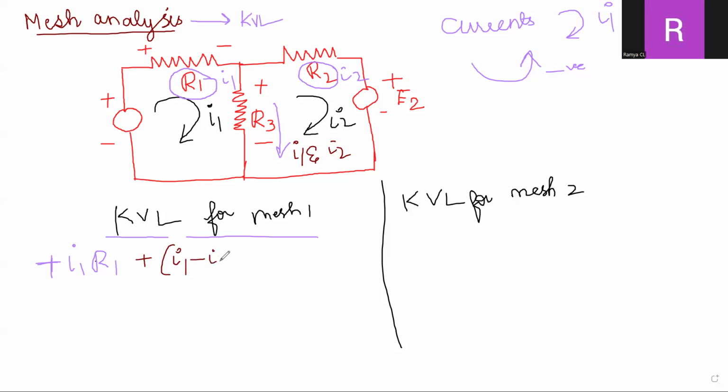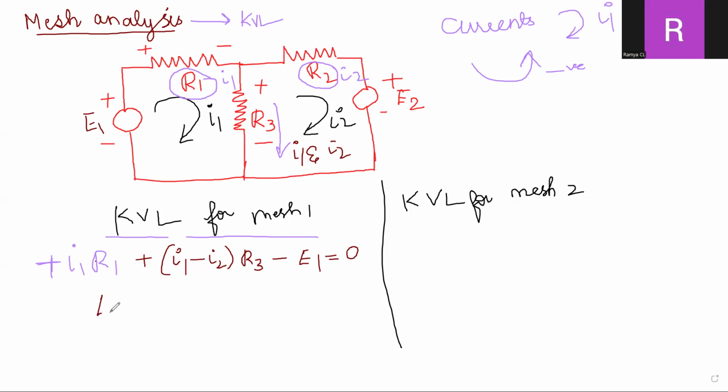If both the currents are moving in the same direction, it is minus, children. So this is E1, and because you are seeing minus, it is minus E1, equal to 0.